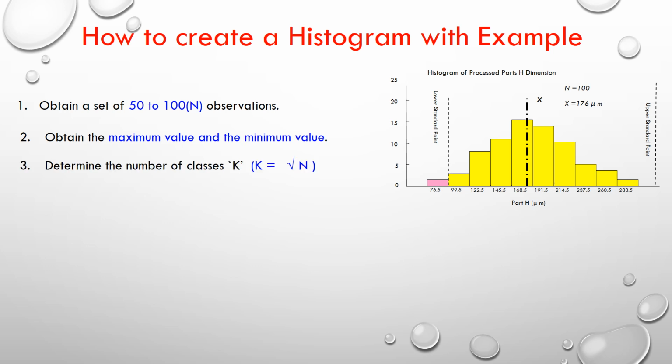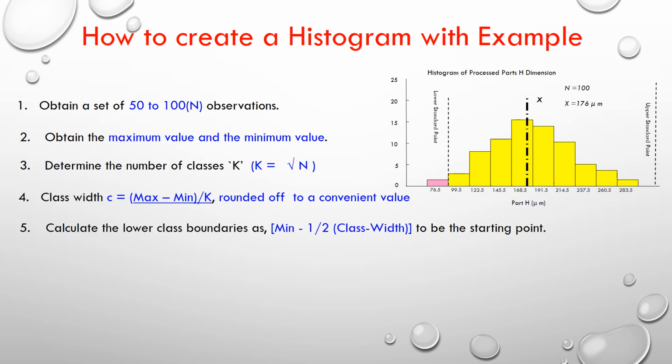Then determine number of classes, denoted by capital K, which is equal to the square root of capital N, the number of observations. Then find class width, denoted by small c, which is equal to the maximum value in the data set minus the minimum value, divided by the number of classes K. Remember, always round off to a convenient value.